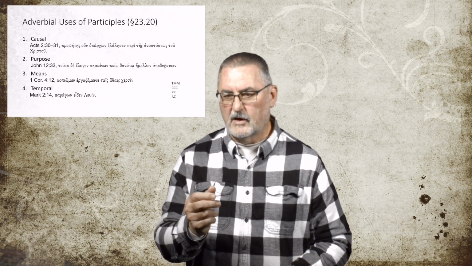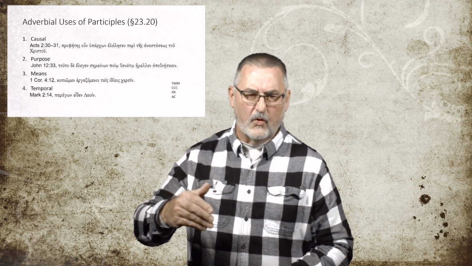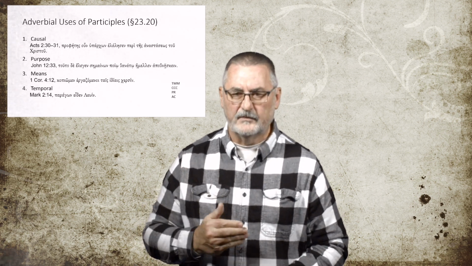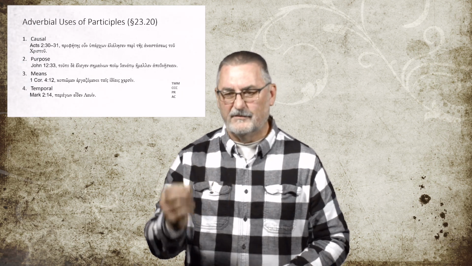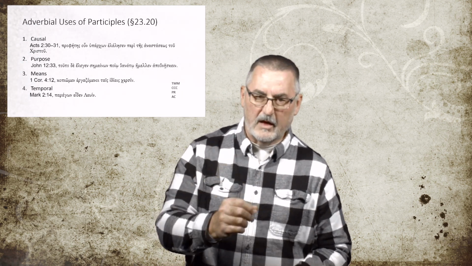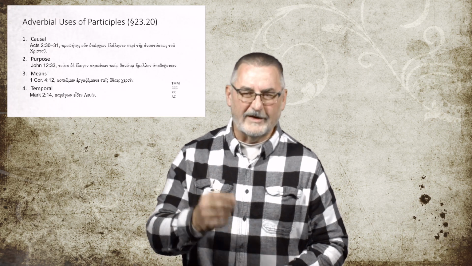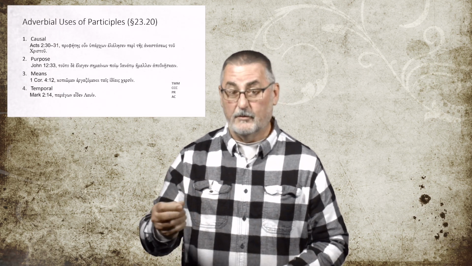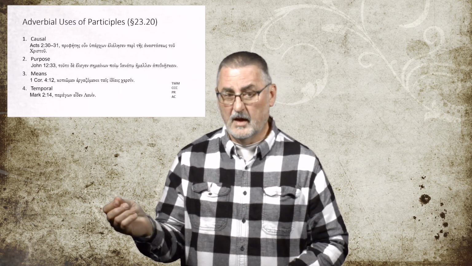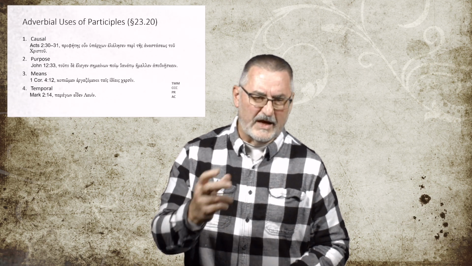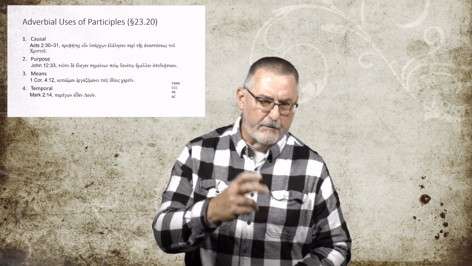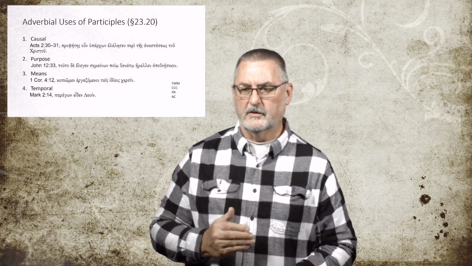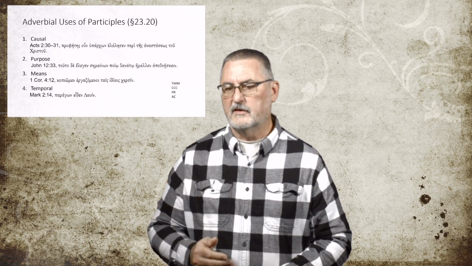Sēmainōn is a word that means indicating or signifying. Poiō thanatō, by what kind of death? Ēmellen apothnēskein, what kind of death he was about to die. So John is saying he was saying this with the purpose of indicating to his followers what kind of death he was about to die.